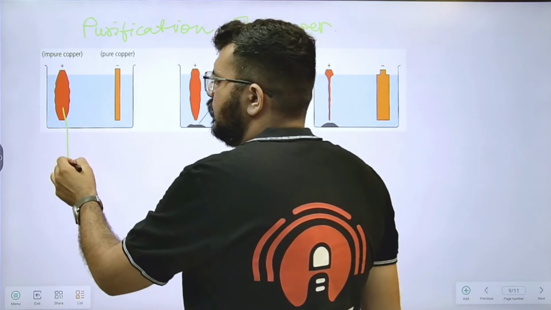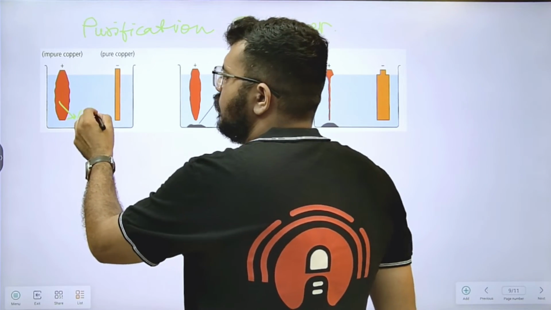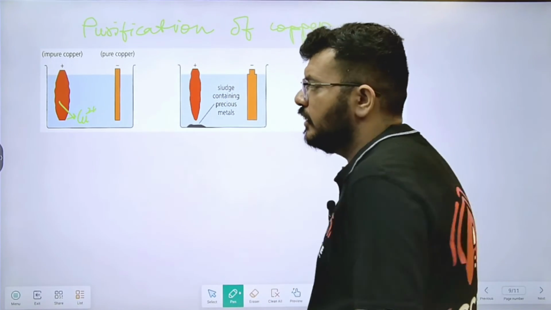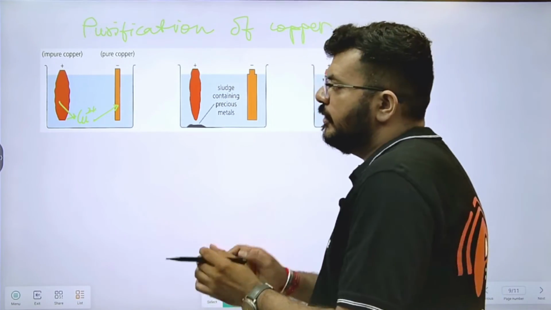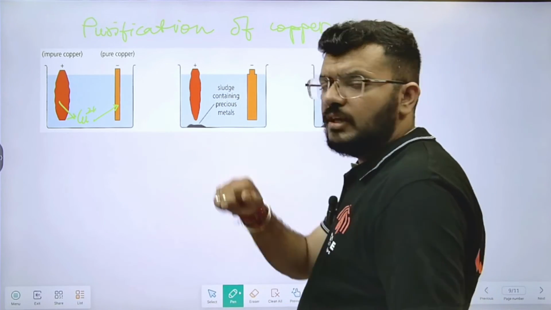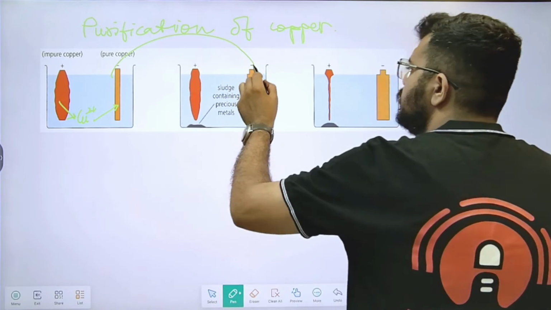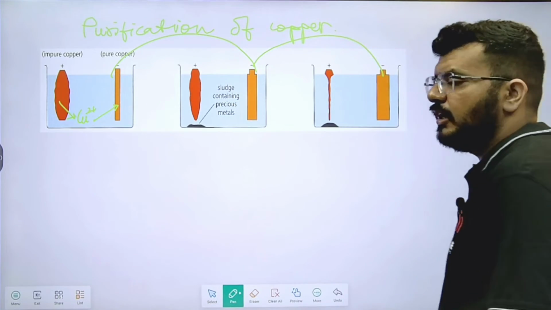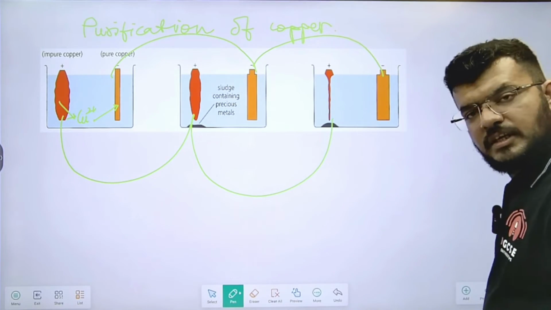What will happen here? Copper ions will start going to the electrolyte. Copper ions from the electrolyte will become copper and deposit on the cathode, which is made of pure copper, and slowly you see that the size of the cathode increases. Slowly the size of the anode decreases.